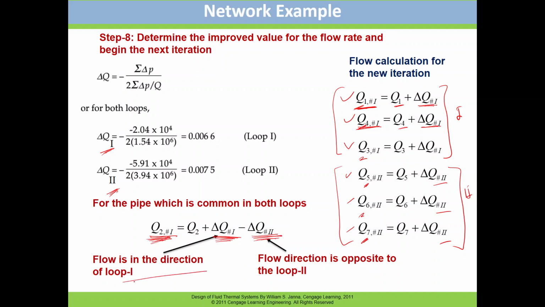You need to take care of this when solving the network, that Q2 is common for both. So the effect of both delta Q1 and delta Q2 should be taken into account, and it should be in this form.